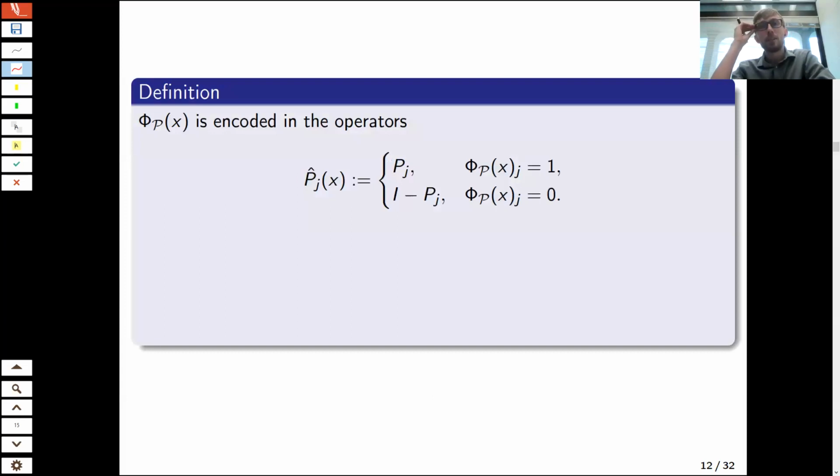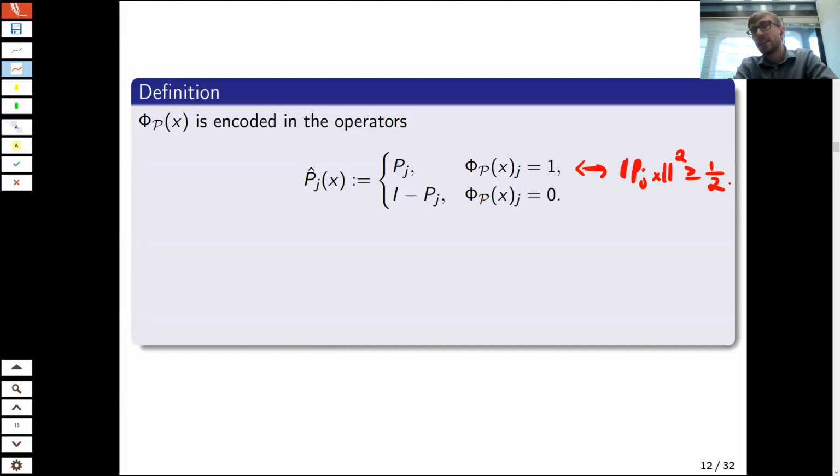So let's talk about the recovery. I told you how we measure. How do we recover? First of all, we're going to encode this binary vector into some operators, which I'll call P_j hat. If you unwrap this definition, this happened if that was greater than or equal to 1/2.